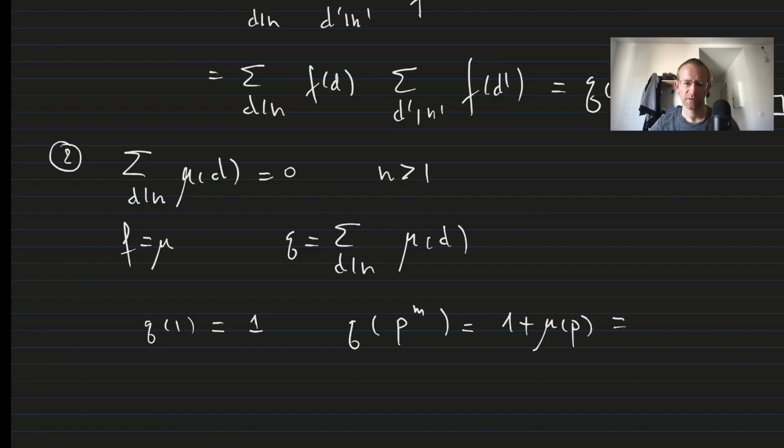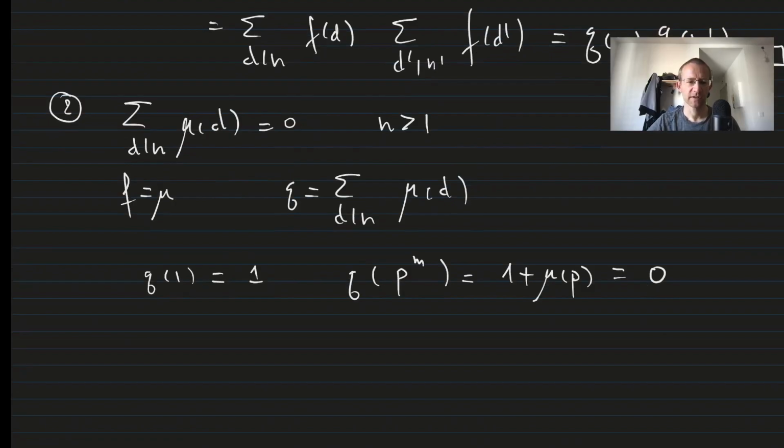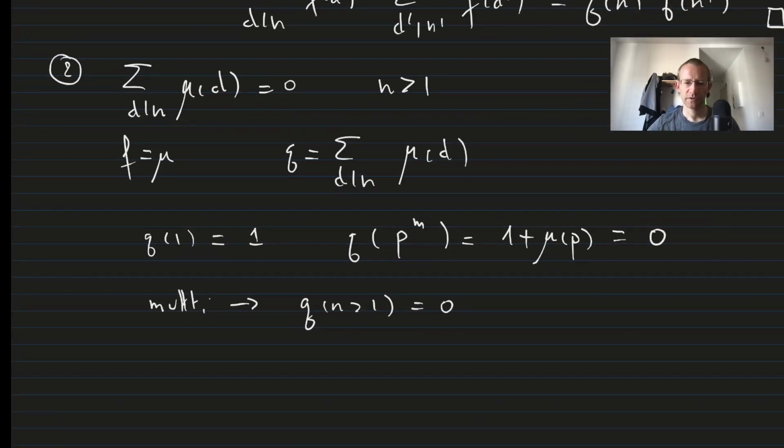But mu of p is minus 1, so this is 0. And then by multiplicativity of g, it follows that indeed g of n for n bigger than 1 is 0 by prime factorization, and therefore we have proven the property once more.